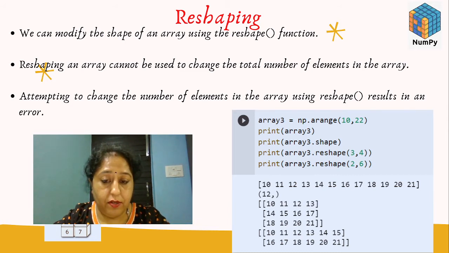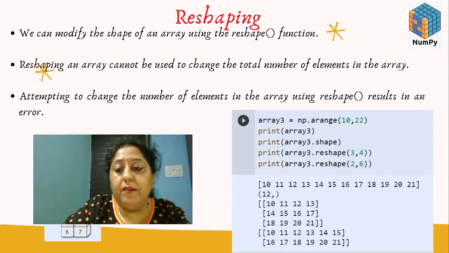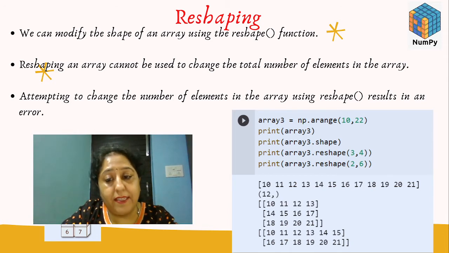So you will have 10, 11, 12 and 13 as the first row, then 14 till 17 as the second row, and 18 till 21 as the next row. Likewise, if you do array3 dot reshape with the parameter values 2, 6, then you will get the first row with 10 to 15 and the next row with 16 to 21.